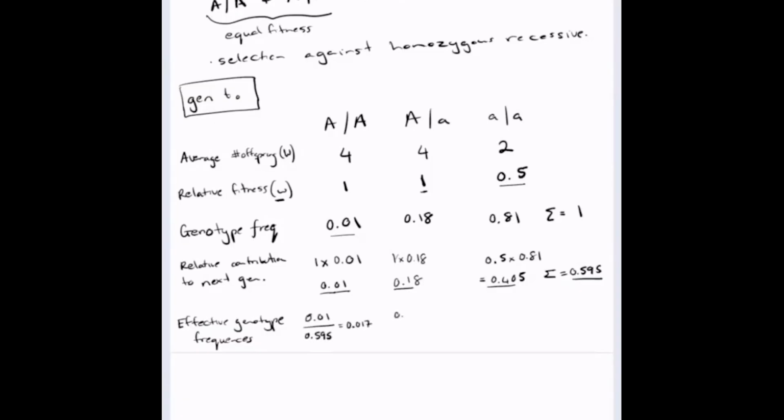We take 0.18 divided by 0.595, that equals 0.302, and we take 0.405 divided by 0.595, and that equals 0.681. And now if we sum these effective genotype frequencies, they sum to 1.